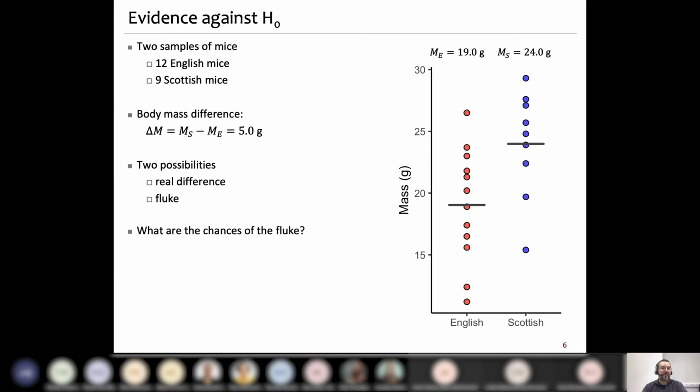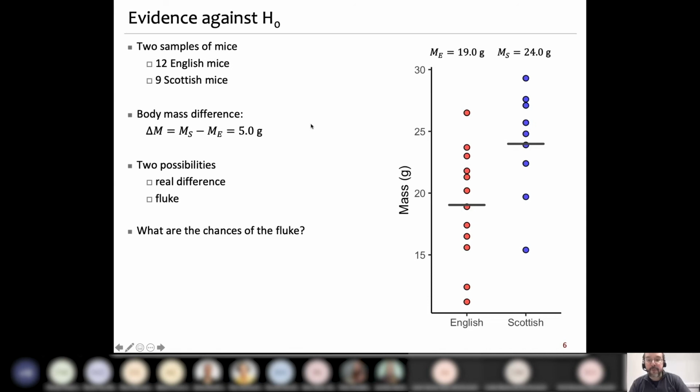This is just a parable, but you have two groups of mice and you weigh them and you measure body mass of each of them, and the result is presented in this plot. The mean mass of English mice is 19.0 grams, while the mean body mass of Scottish mice is 24.0 grams. Hence, the difference between these means is 5 grams.